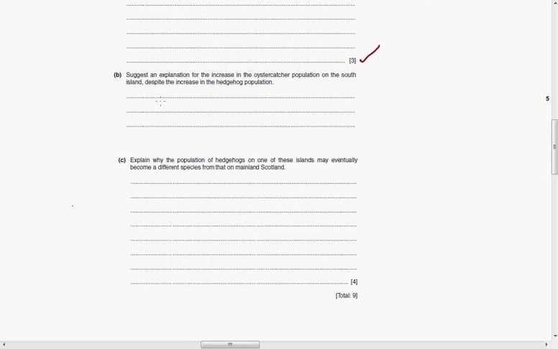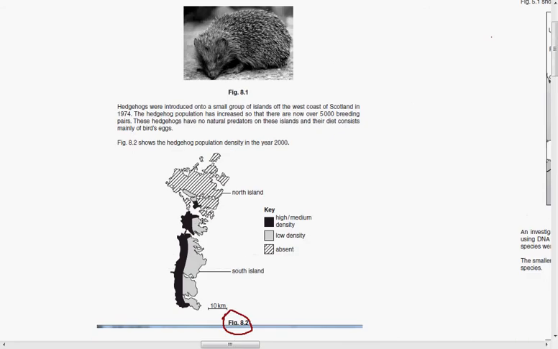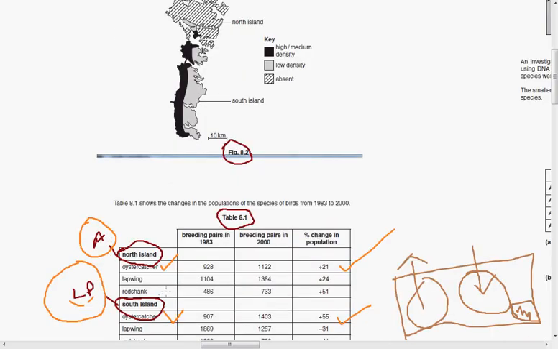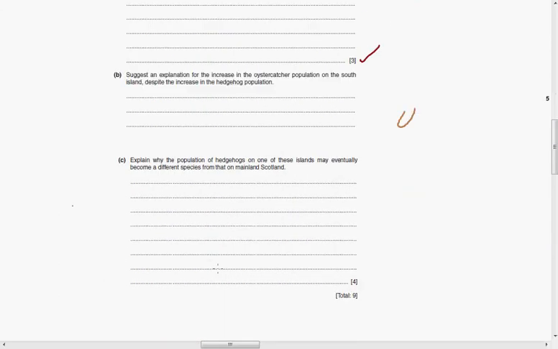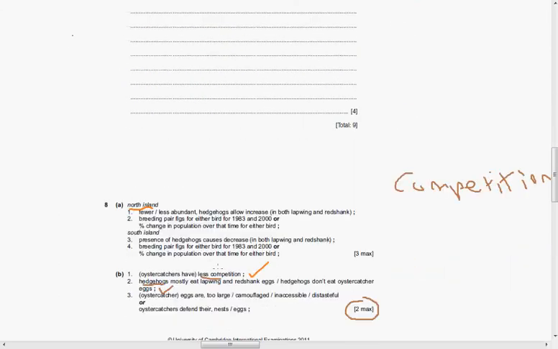You just have to figure out yourself that okay, there is hedgehog, and this one can eat eggs, the bird eggs. So probably they are eating the eggs of the lapwing and red shank, but they can't eat the eggs of the oyster catcher and all that. You just have to figure it out.